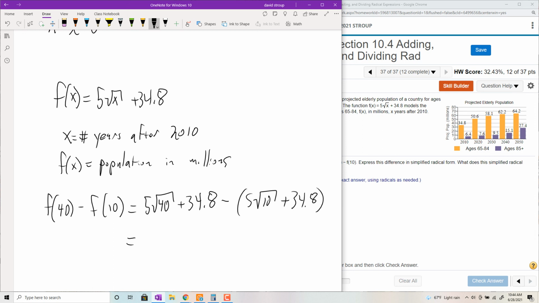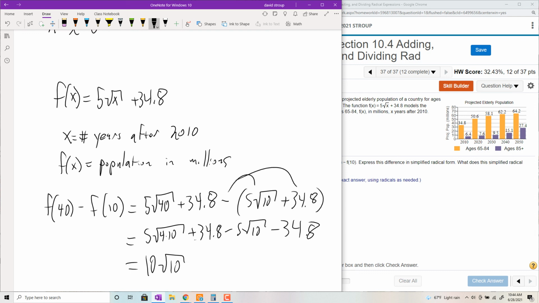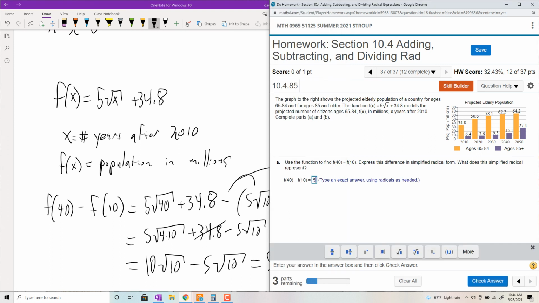So that'll be 5 square root of 4 times 10 plus 34.8 minus 5 root 10, and you have to distribute the negative, right? Minus 34.8. Pulling out the square root of 4 will give you 5 times 2 in front, which will be 10 root 10. The 34.8s will cancel, minus 5 root 10, and that will just be 5 root 10 in radical form. So 5 \sqrt 10.